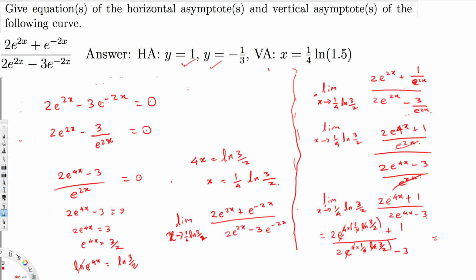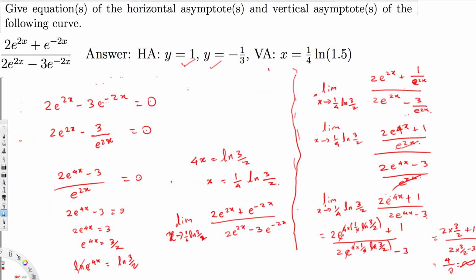Then we get 2 times 3 by 2 plus 1, over 2 times 3 by 2 minus 3. This becomes 6 by 2, which is 3, so 3 plus 1 is 4 over 3 minus 3, which is 0. So 4 divided by 0 is infinity, that's what we want.